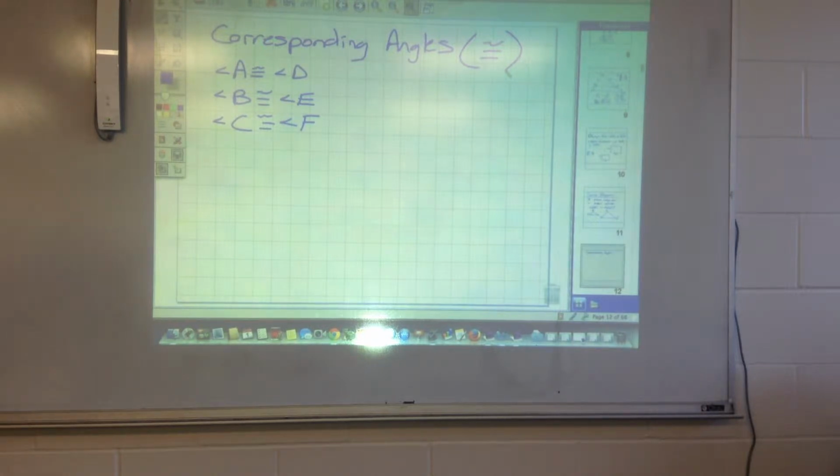So all the angles are congruent. Now, are the sides congruent? Are the sides the same length? No. Okay, they are not the same length, because if they were, then we wouldn't have similar figures, we'd have congruent figures, right?